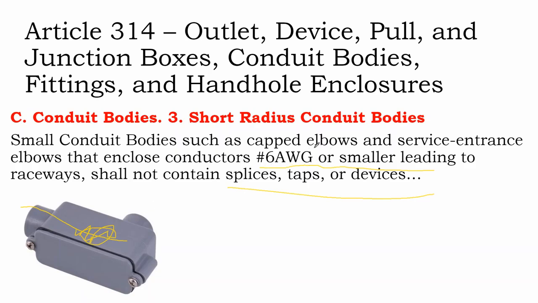There is a caveat: if this LB gets large enough, if you're doing big utility scale work and you have one cable coming in and another cable coming in and you want to put a tap there, you may be able to do that inside larger conduit bodies. Small conduit bodies should not contain splices or taps.